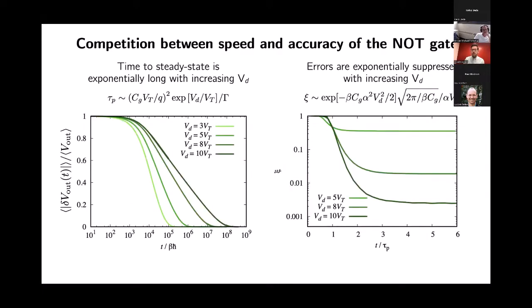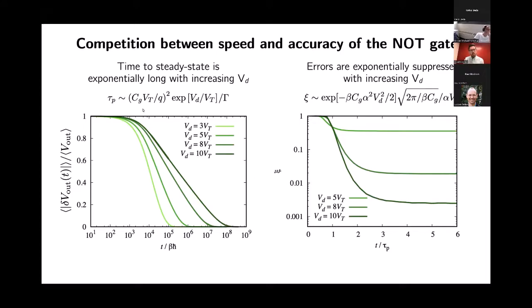In addition to the energetic consequences of this model, one can talk about the dynamics. So how long does it take to charge? That's shown on the left. The increasing time to charge as I increase the driving voltage is a reflection of the lowering of the current that was alluded to on the previous slide.